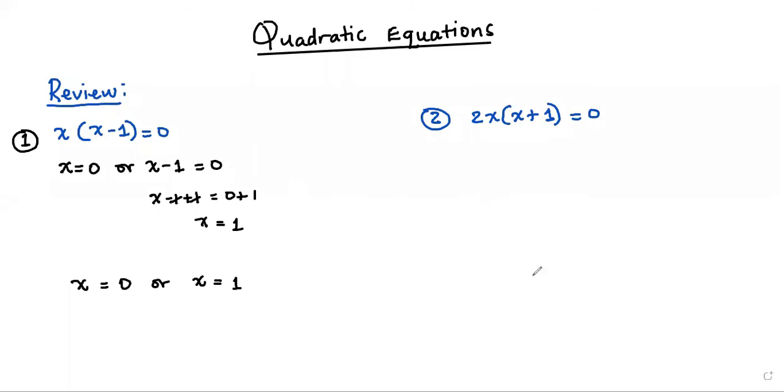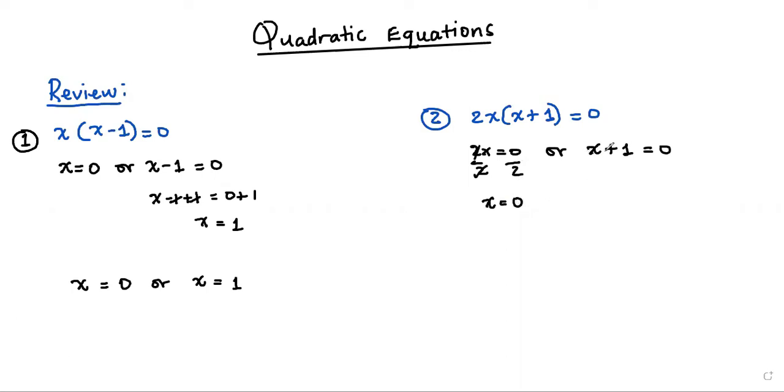It means that to get this 0, maybe 2x is 0, or maybe x plus 1 is 0. So if 2x equals 0, and we can divide on both sides by 2, it means that x equals 0, because 0 divided by 2 equals 0.